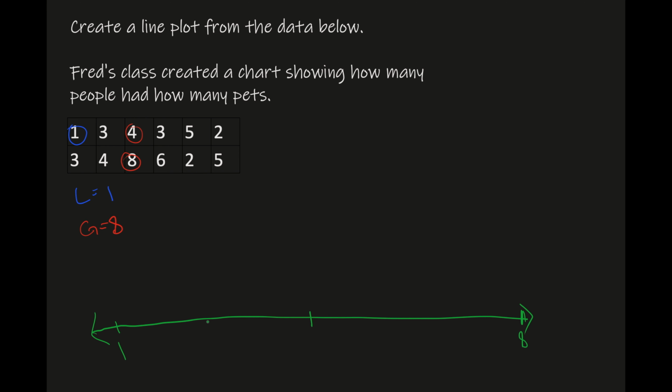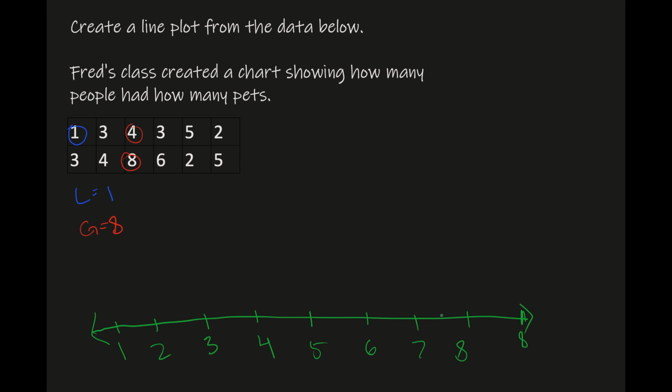This is halves. This is quarters. You want to try and spread it out equally. And then this would be eighths. So you would do 1, 2, 3, 4, 5, 6, 7, 8.